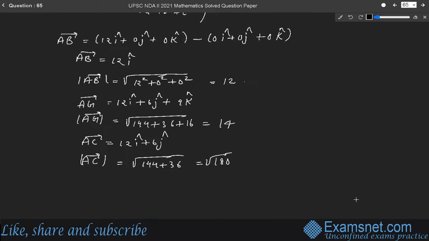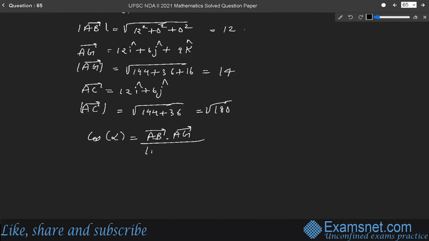Therefore, the angle between AB and AG: it is given in the question that alpha is the angle between AB and AG. So cos alpha equals AB vector dot product AG vector upon magnitude of AB vector into magnitude of AG vector.